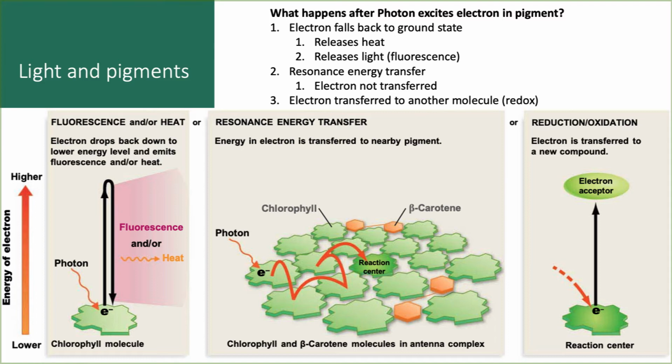The antenna complex is arranged like this to maximize the light gathering ability and eventually transfer the resonance energy to the reaction center. When that energy reaches the reaction center, or when light hits the reaction center directly, a redox reaction happens as the electron is transferred from the chlorophyll to another molecule that we call the electron acceptor.